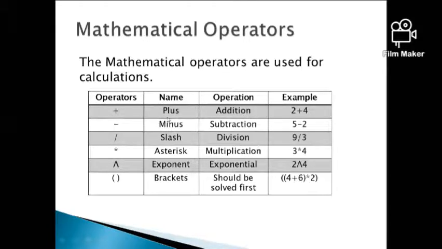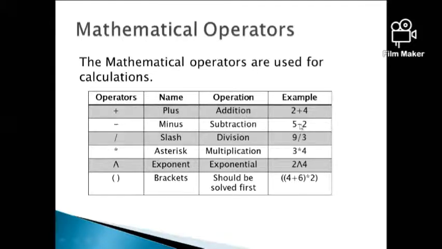This operator is known as plus, as you know very well, and the operation is addition. Example is 2 plus 4. So this sign is known as operator, and 2 and 4 are called operands.